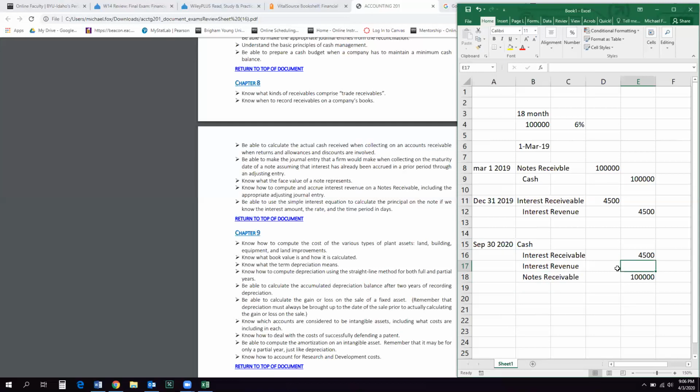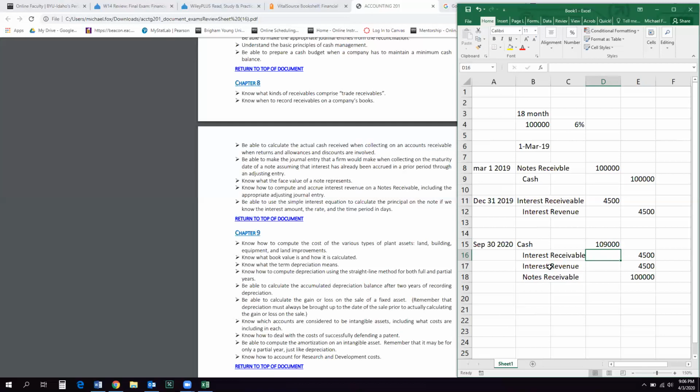And then our interest revenue is going to be any interest we've earned during 2020, which is January through September 30th, which is 9 months. So we would say the principal, 100,000, times the rate, 0.06, times the time, which is 9/12. So another $4,500, right? And then the amount of the cash we're going to receive is the full $109,000.